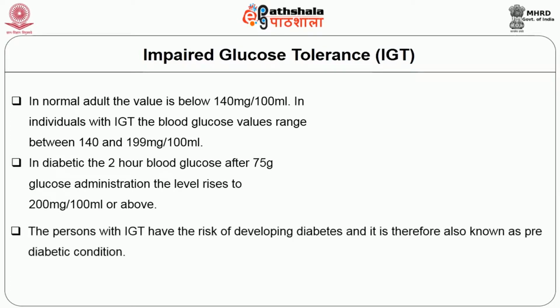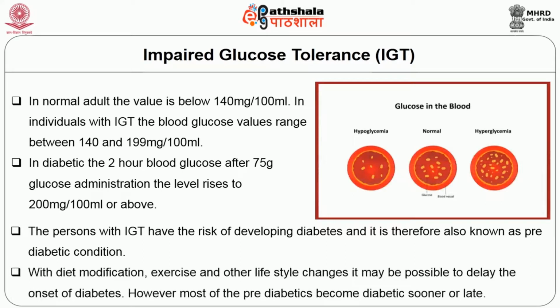The persons with IGT have the risk of developing diabetes and it is therefore also known as pre-diabetic condition. With diet modification, exercise and other lifestyle changes, it may be possible to delay the onset of diabetes. However, most of the pre-diabetics become diabetic sooner or later.